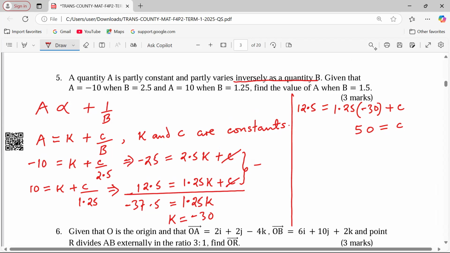Yeah, I've added because -30 multiplied by that value, it will become a negative, but now we have to take it to the left-hand side, whereby it shall be added.